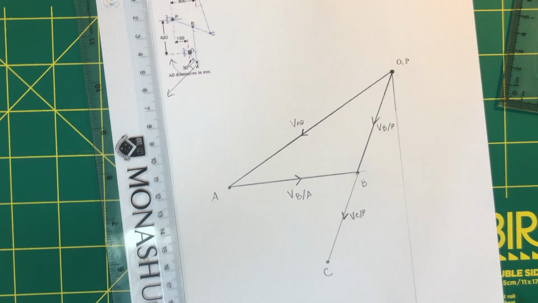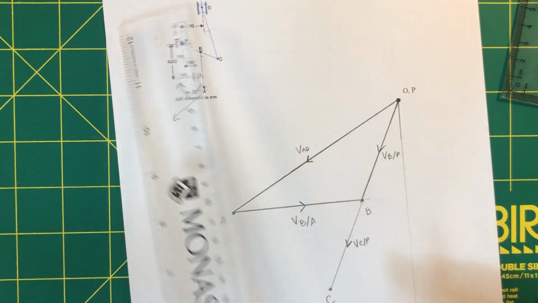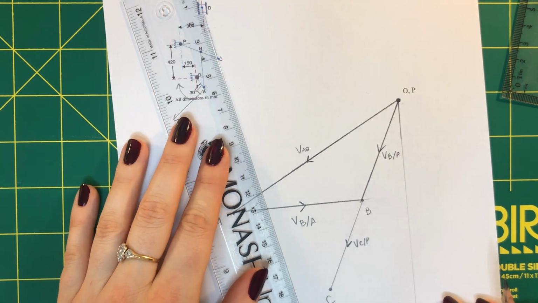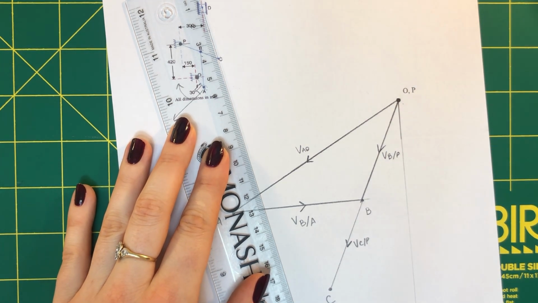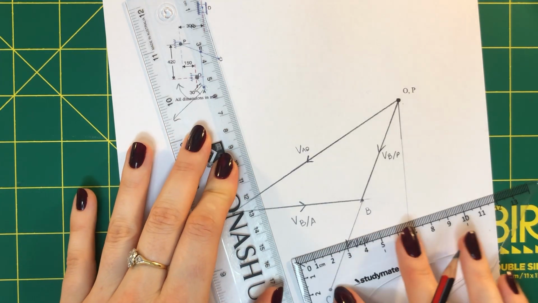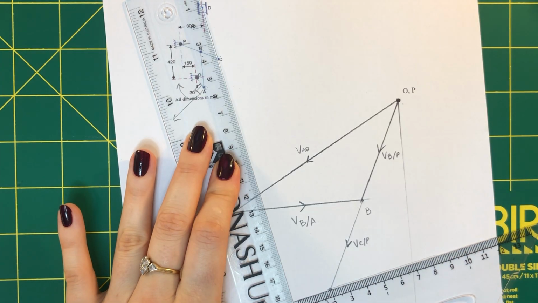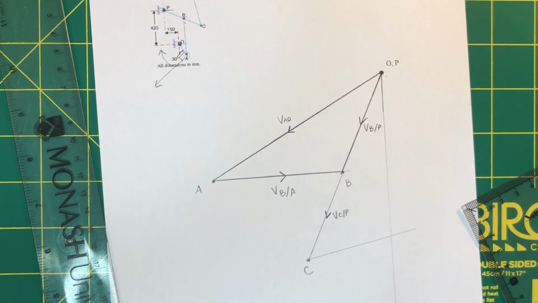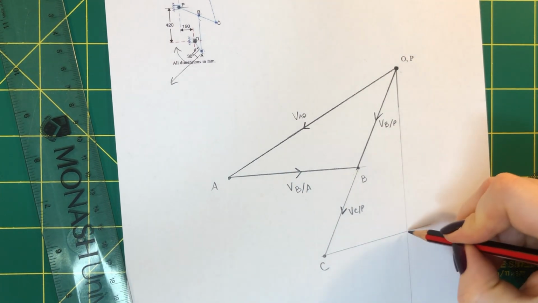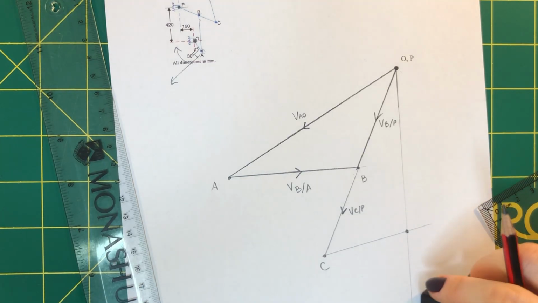I don't know the length, I only know the location, and that it is parallel to the direction of motion. My other line for this diagram is going to be on the link D relative to C. So D is a slider, but it still has relative velocity with respect to point C. If you're not sure how this mechanism is moving, have a look at the workshop slides for week 3, because this has the mechanism as a moving animation, and you'll be able to see how the slider and the other point fit together. So where they intersect, that is point D.